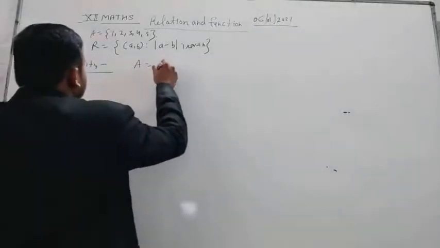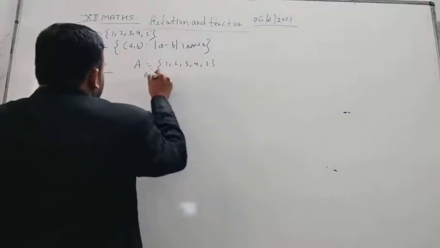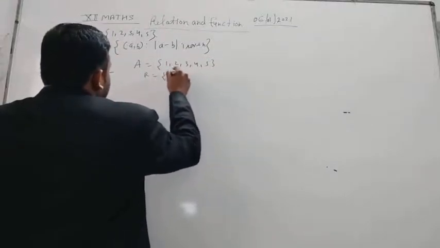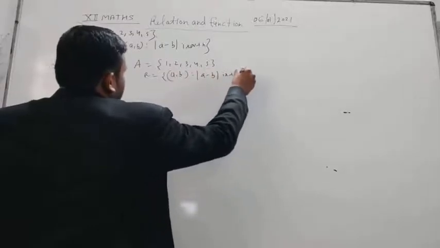Our A is {1, 2, 3, 4, 5}, and R is (a, b) such that a - b is even.